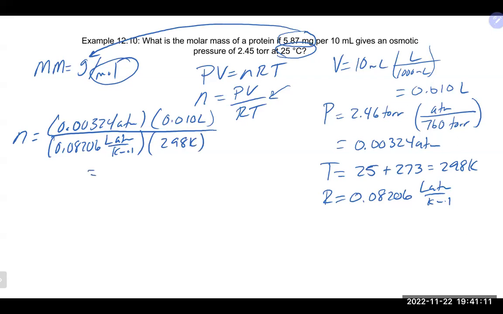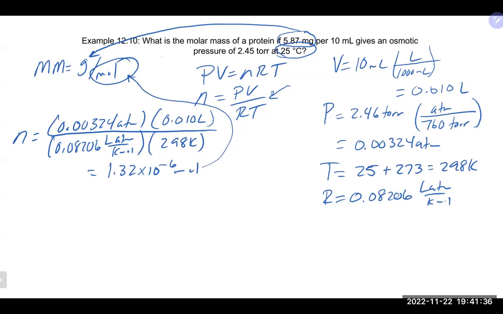Taking all those numbers into account will get us 1.32 times 10 to the minus 6 moles. So that is really the bottom part of what we need.